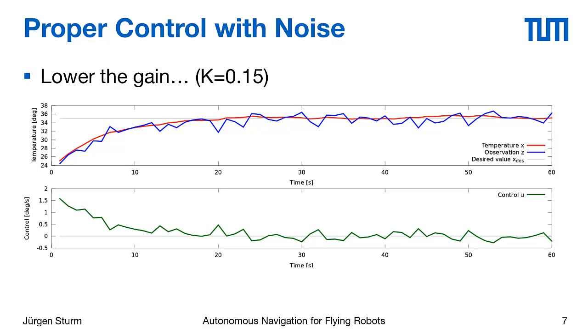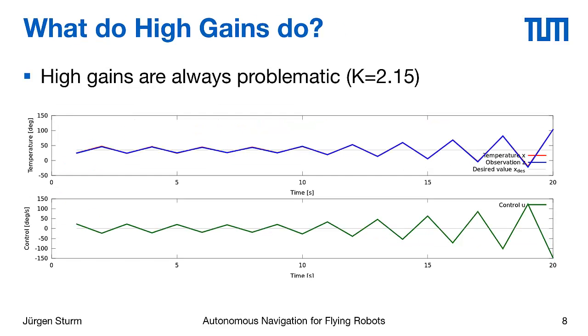So you could think of how large you can make this gain so that it still works, and you might also be tempted to make the gain larger than 1. It should be noted that this is always problematic.